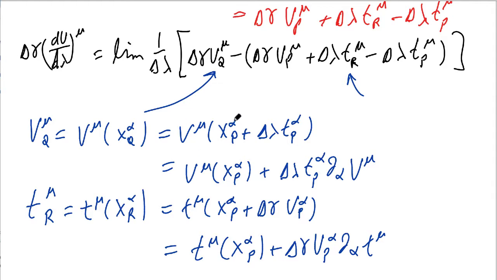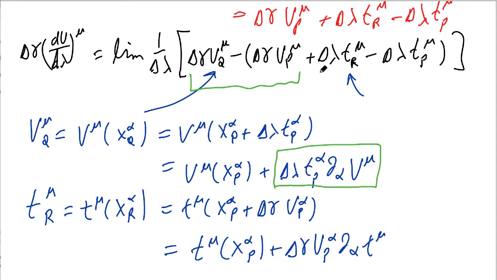So now let's put these results together. First let's look at these two terms. We have delta gamma v_q, that's all of this, and this of course is just the components of the vector v at point P. So you see this term times the delta gamma cancels this term right here. And all we're left with from these two terms is delta gamma times this term.